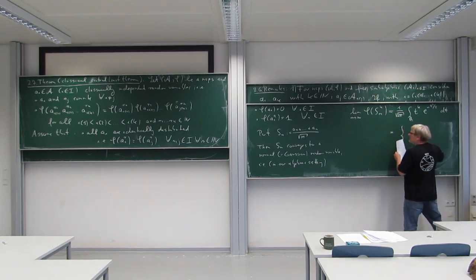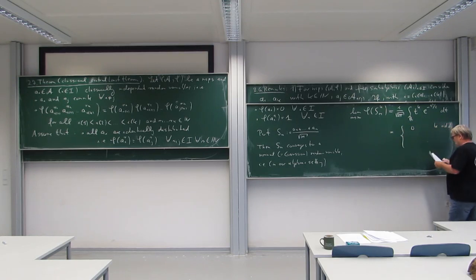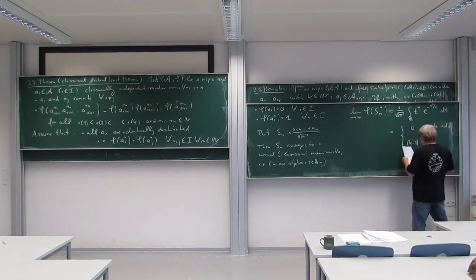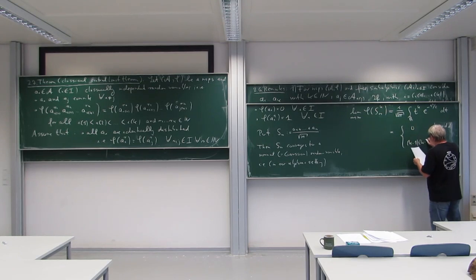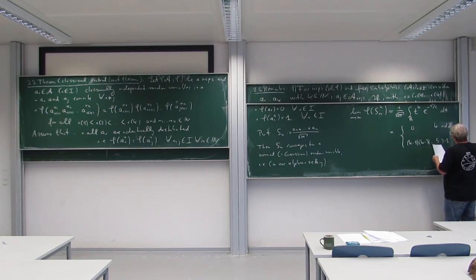For the odd situation, it is 0. But in the even situation, what you get is a kind of product of natural numbers. So namely, what you get, for even k, is k minus 1, k minus 3, and so on, up to 5 times 3 times 1.